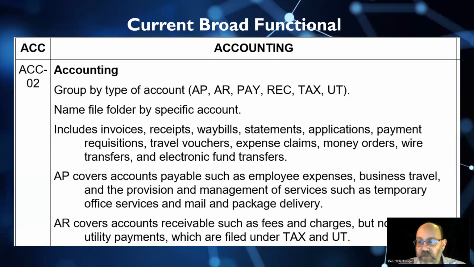So, for example, I have the include statement here, which is very similar. And I also have AP. AP covers accounts payables, such as employee expenses, business travel, this sort of thing. So with these two descriptions, you should be able to look at your file folder, recognize what belongs in there, and know that it's an accounts payable. All right.